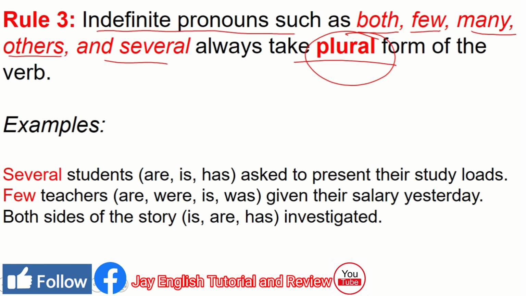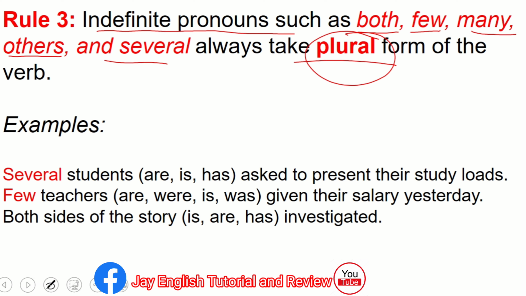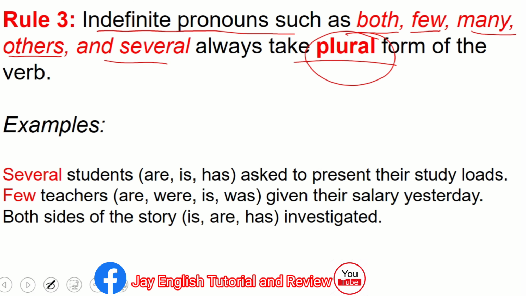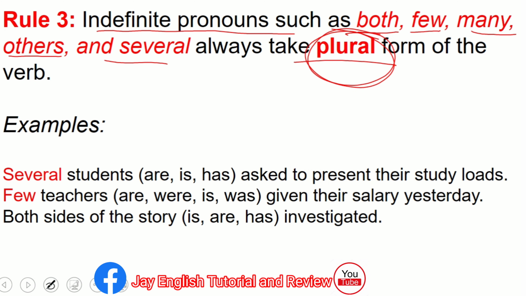So rule number 3 tells us that if we have singular indefinite pronouns, we also have plural indefinite pronouns. And these are again both, few, many, others, and several.